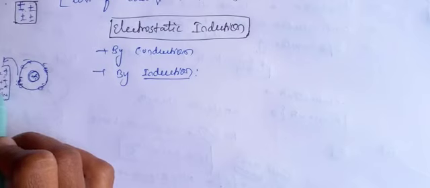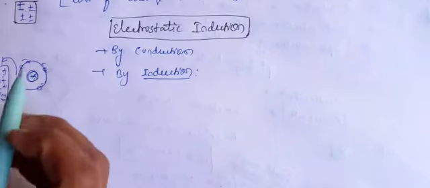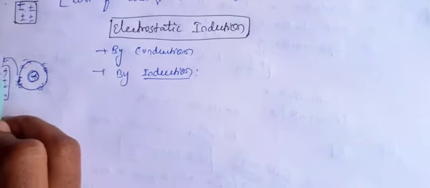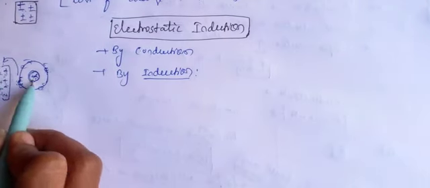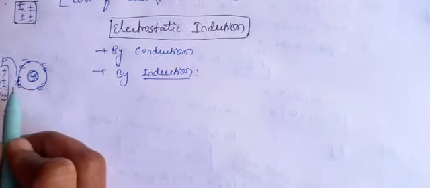If there are 100 positive charges, still not attracted. But if there are 1000 positive charges, this electron may be attracted towards this positive charge, because this positive charge is greater than the nucleus positive charge. So that's why this electron is attracted towards this material. That means until 999 positive charges, this electron is not attracted towards this glass rod.